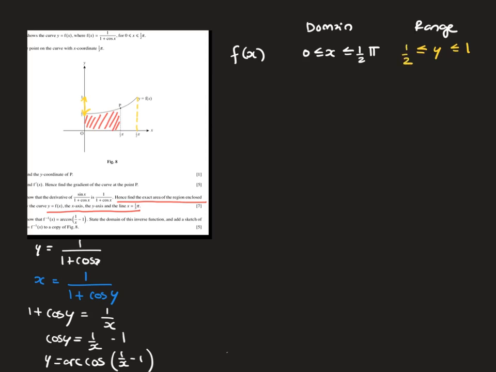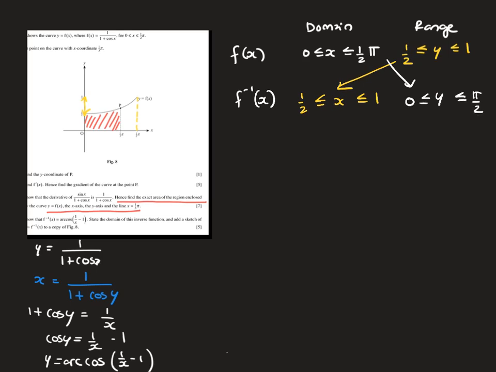So that means that the inverse function, f minus 1 of x, will have a domain that matches the range of the original function, but in terms of x, and it will have a range that matches the domain of the original function.